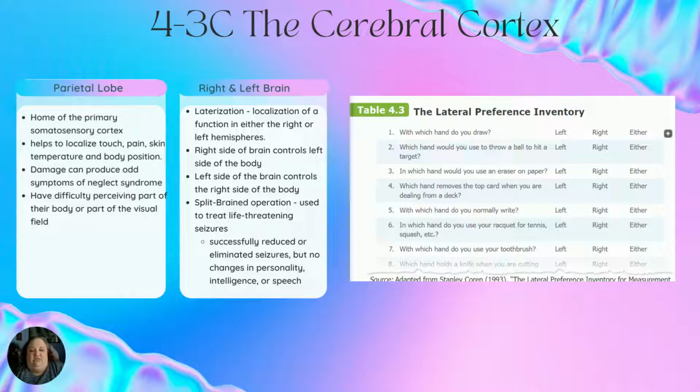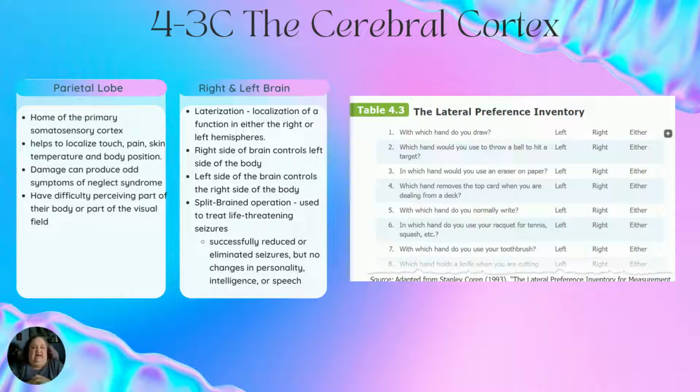There's also, to treat life-threatening seizures, sometimes they do a procedure called a split brain procedure, where they literally cut down the center of the brain and separate those nerve fibers in order to stop them from misfiring. Now, this is not the same thing as a lobotomy where they actually take half of your brain out.